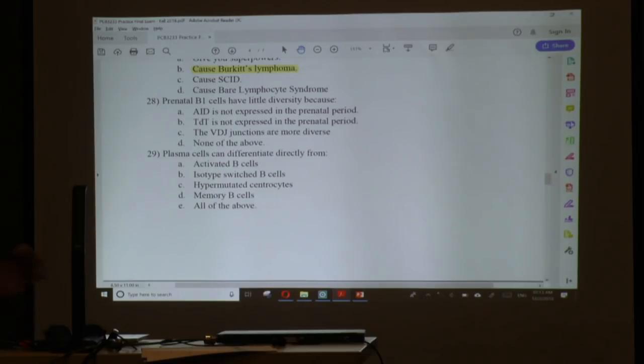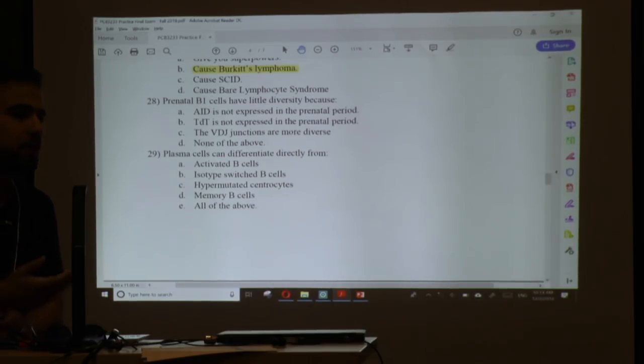B1 cells. So the B cells that you've studied throughout the semester that go through somatic recombination, somatic hypermutation, isotype switching, and all that, those are all B2 cells, right? We also have B1 cells that are a little different. B1 cells are prenatal, so they're the type of B cells that you have the most when you're a baby in mom's womb.